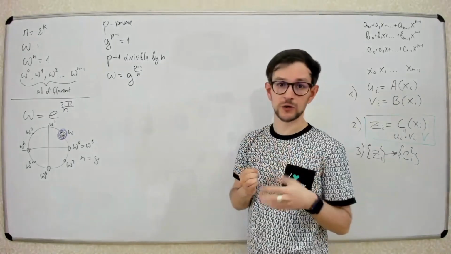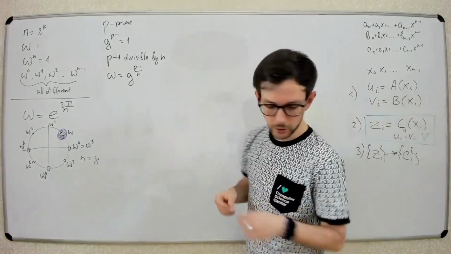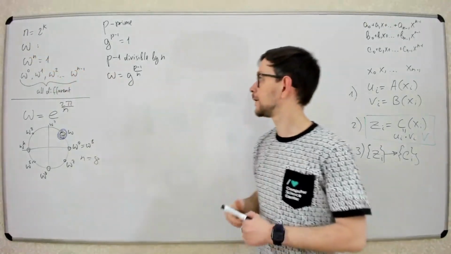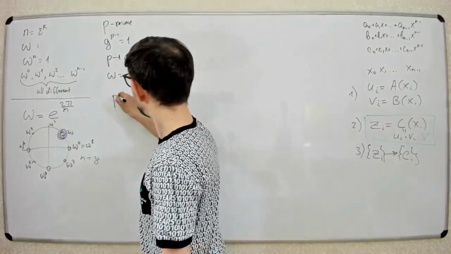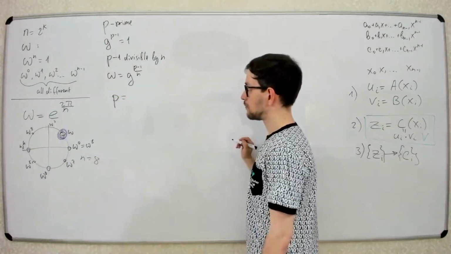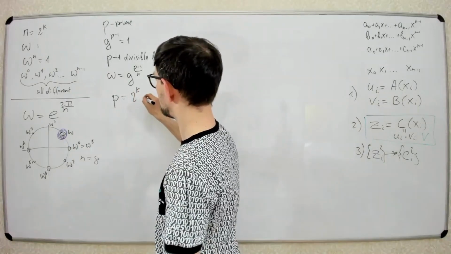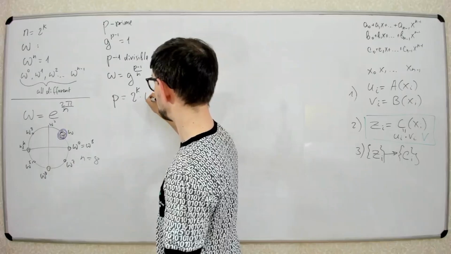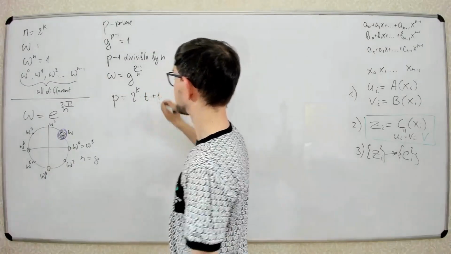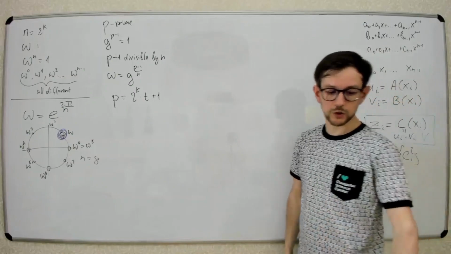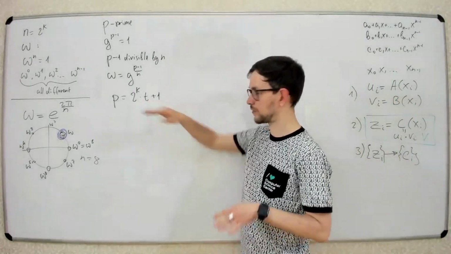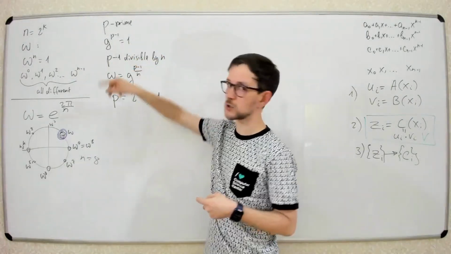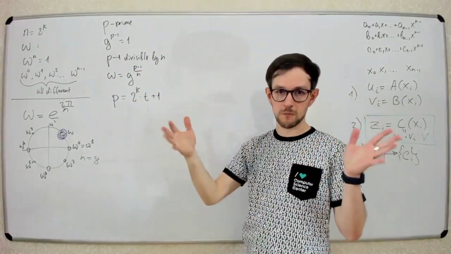The interesting thing is that it's not working for any prime modulus. We want this n to be a power of 2, so this p must be something like 2 to the power k times some t, plus 1. So I need not just some prime modulus, but a prime modulus of this form, a prime number such that p minus 1 is divisible by a big power of 2.